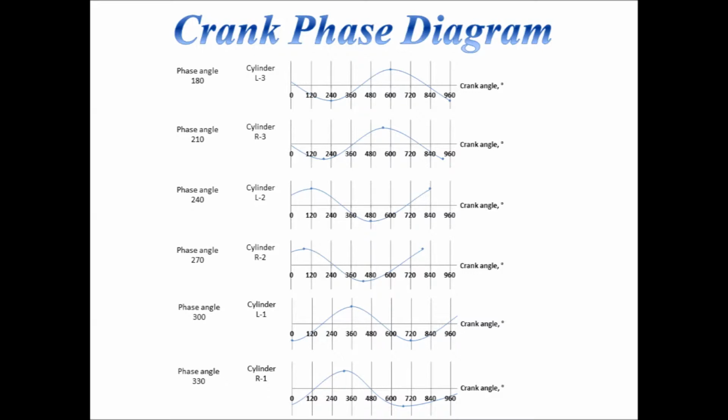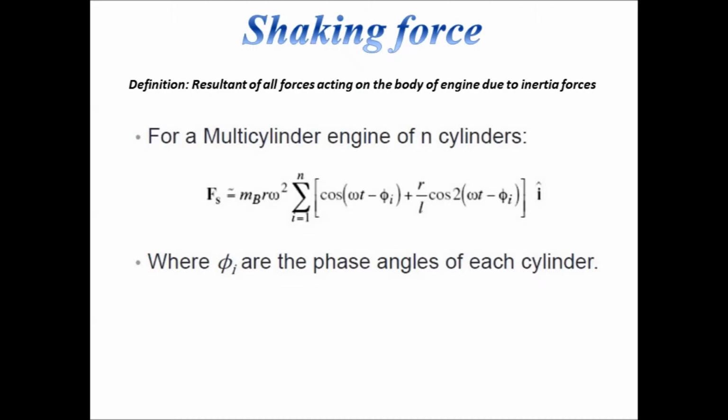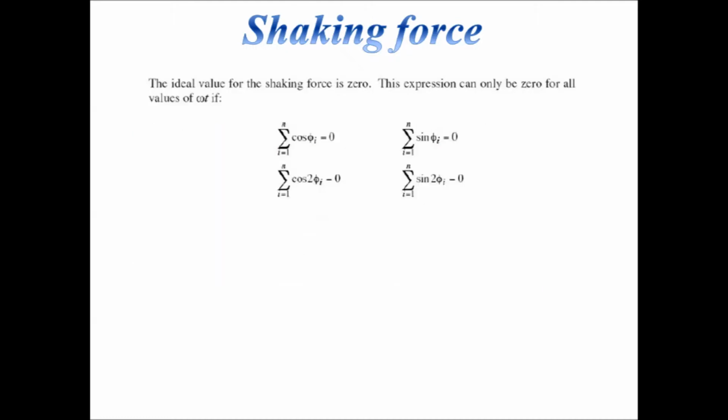Now I will talk about the shaking force. Shaking force is defined as the resultant of all forces acting on the body of the engine due to inertial forces. For a multi-cylinder engine of 12 cylinders, we can use the following formula. Shaking force will contribute to the unbalance of the motor or engine.